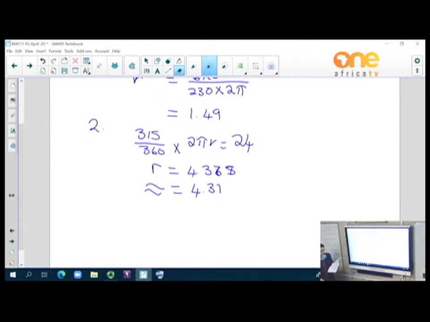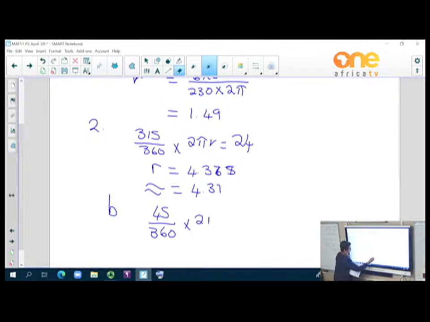Now they say at B, the length of the minor arc is needed. Now, what we actually need there is that angle, isn't it? And what is the angle? 360 minus 315. What will be that angle there? 45 degrees. So 45 out of 360 of, what do we need to find? The length of the arc.